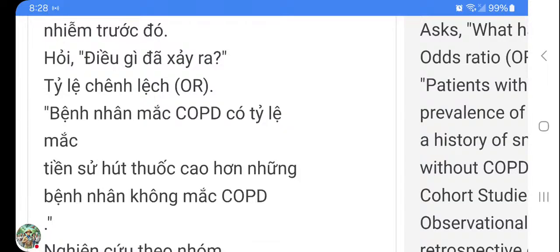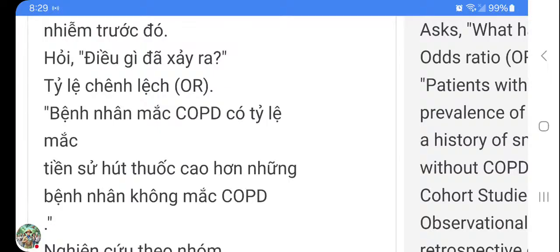They want to find out the prevalence of smoking in people with lung cancer and people without lung cancer, and they see that in the patients with lung cancer the prevalence of smoking is higher than in those without lung cancer or without COPD.